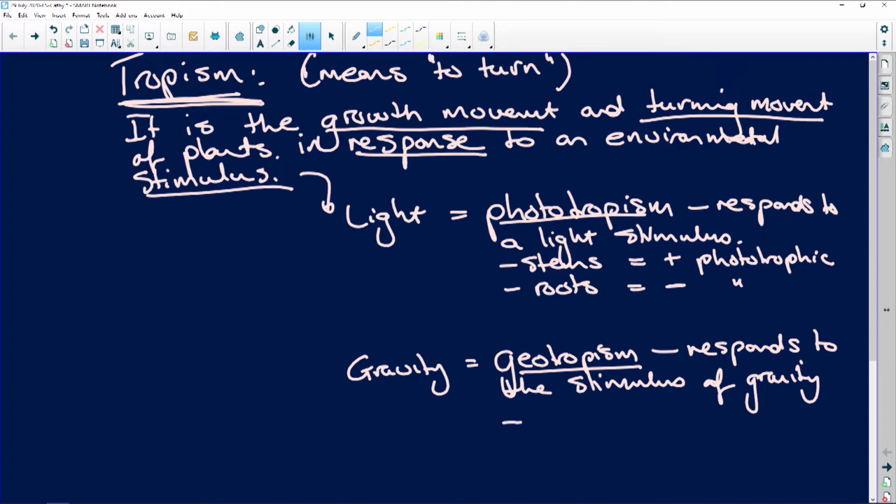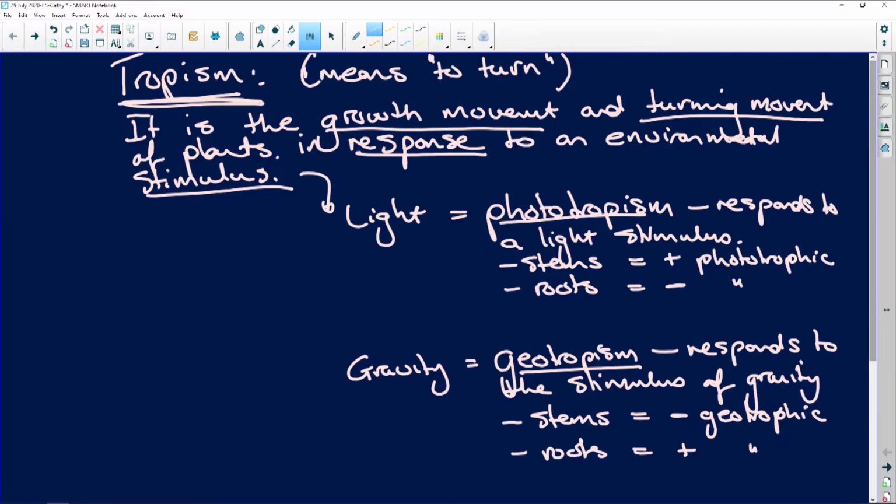When we look at gravity, stems are going to be negatively geotropic, and roots are positively geotropic. Why? Because stems grow away from gravity and roots grow towards gravity. And when a light stimulus comes from all around the plant, for example on a normal day, the sun comes up and it goes down, so the plant gets light from all sides. It's going to merely grow straight up.